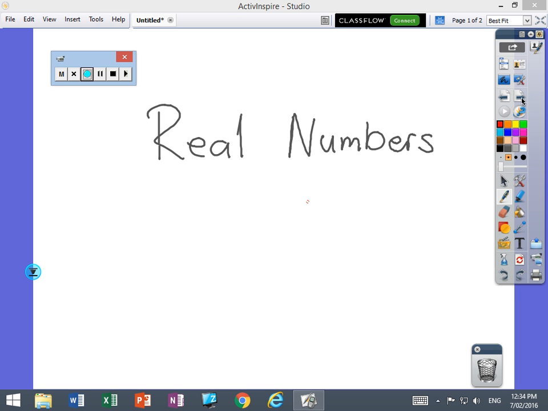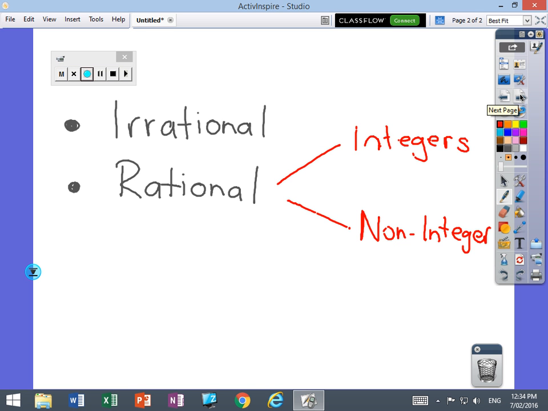Now, what is a real number? Real numbers are essentially almost any number that exists. They can be broken into two subsets. One of those subsets is called irrational and one of them is called rational.